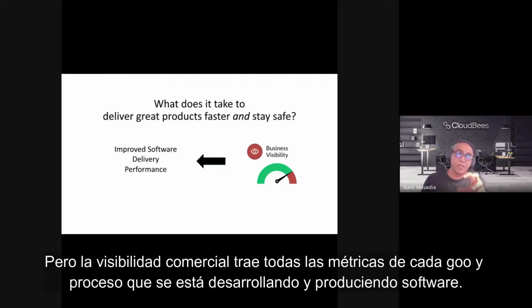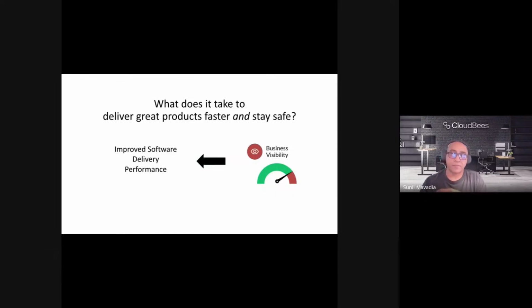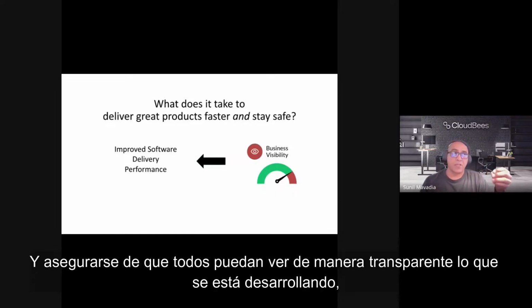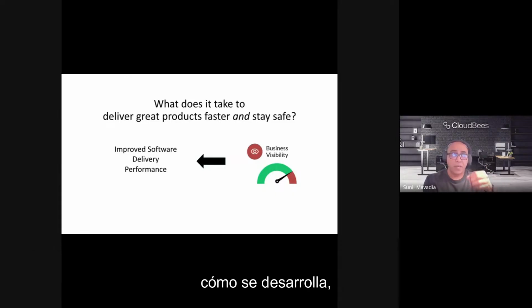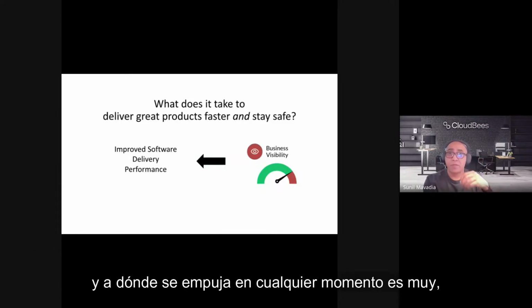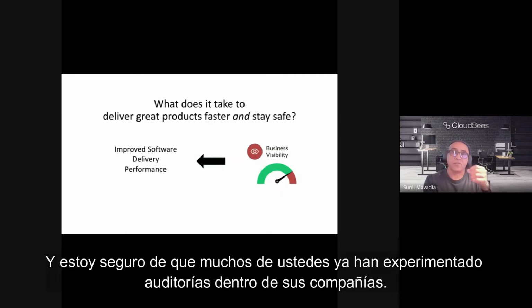But business visibility brings all the metrics coming out of each and every tool and process that is taking place while you're developing and producing software, and making sure that everybody is able to see transparently what is being developed, how it's being developed, where it's being pushed to at any single time is very, very critical.